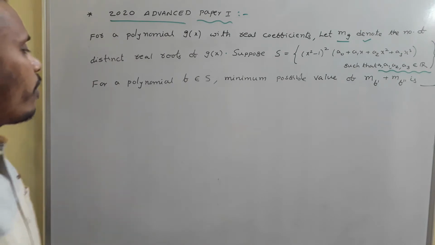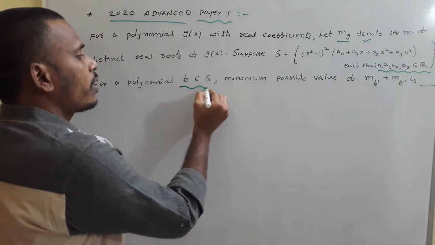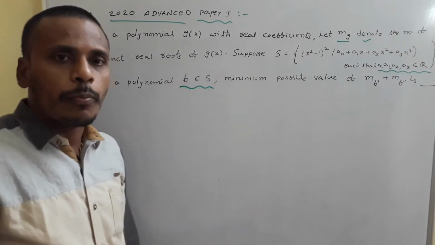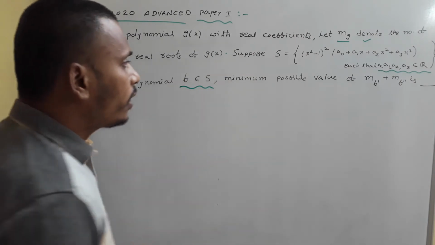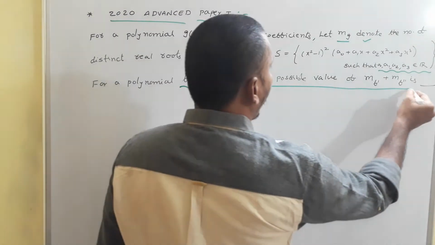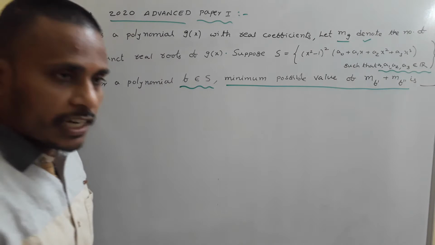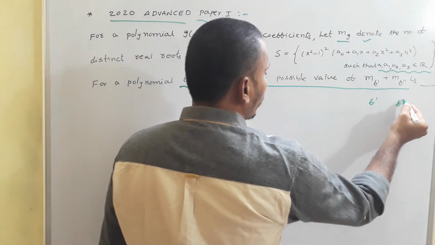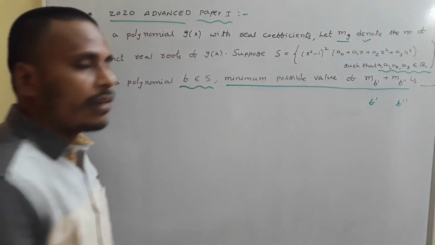Now, for a polynomial f belonging to s, since there exist infinite polynomials in that s, you just choose a polynomial. And what is the minimum possible value of mf dash plus mf double dash? See, here we are using f dash and f double dash. We are all familiar with that.